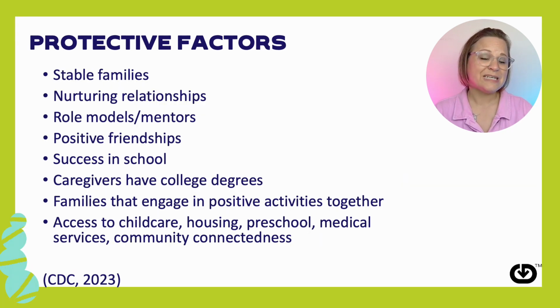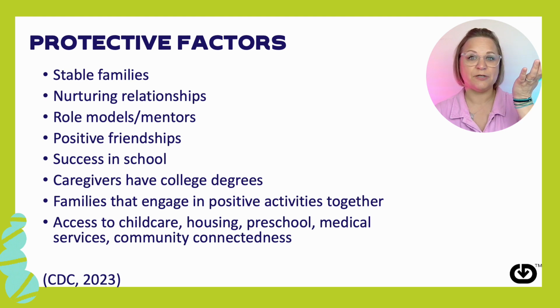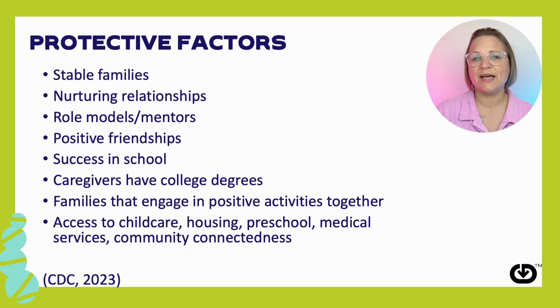Now, the good news is that there are protective factors that can help prevent the adverse outcomes from ACEs. So you can think of this kind of like a scale, and if the adverse childhood experiences outweigh the good things in the child's life, they're more likely to experience these negative outcomes.